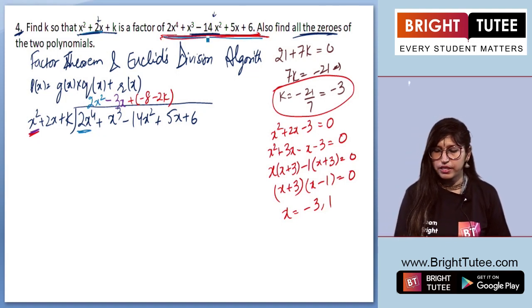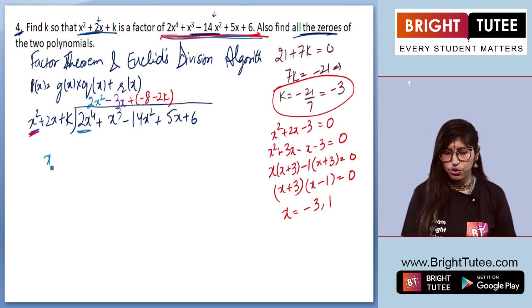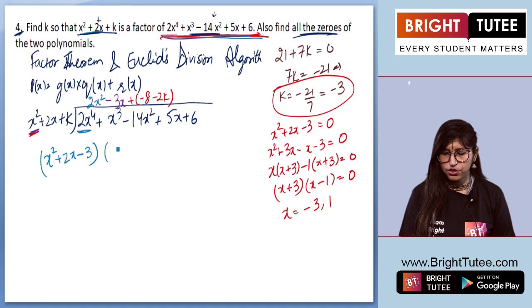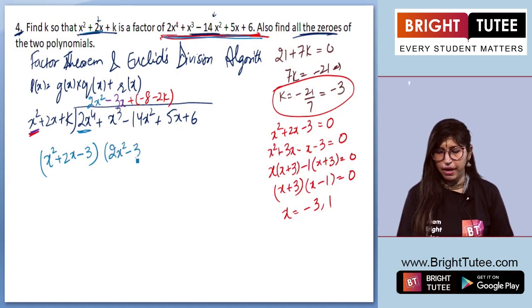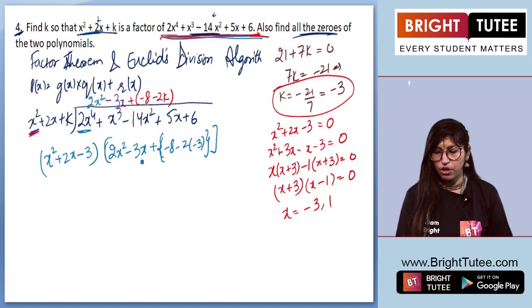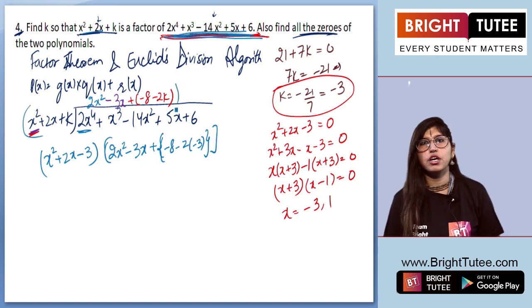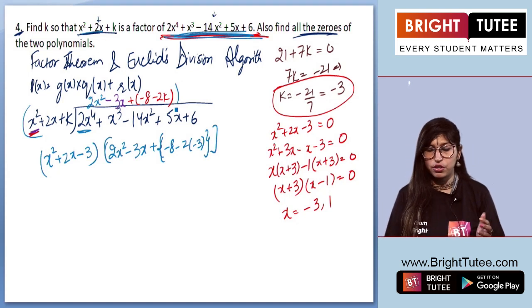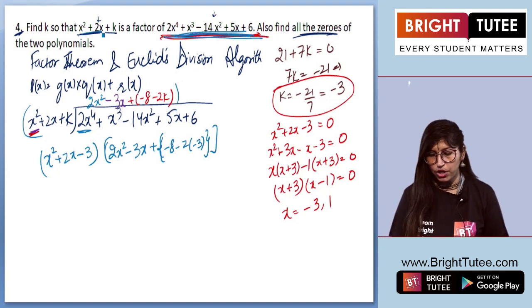We know that this polynomial is equivalent to x square plus 2x minus 3 into 2x square minus 3x plus minus 8 minus 2 into minus 3. Because this is actually the combination of these two terms, as the remainder is 0, since we know that this is the factor of the other polynomial.